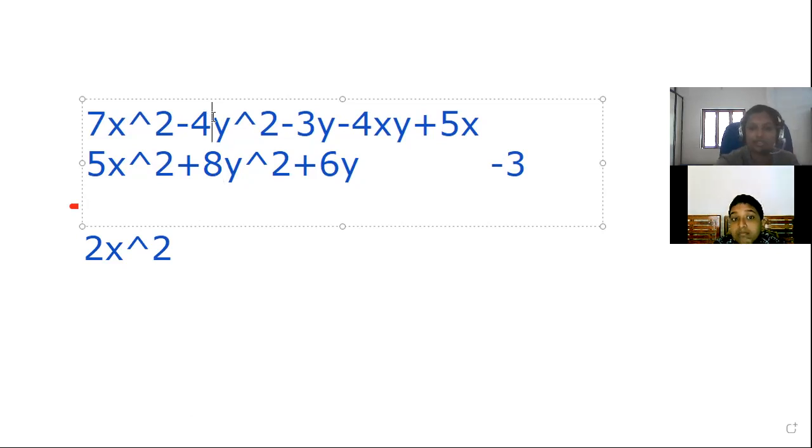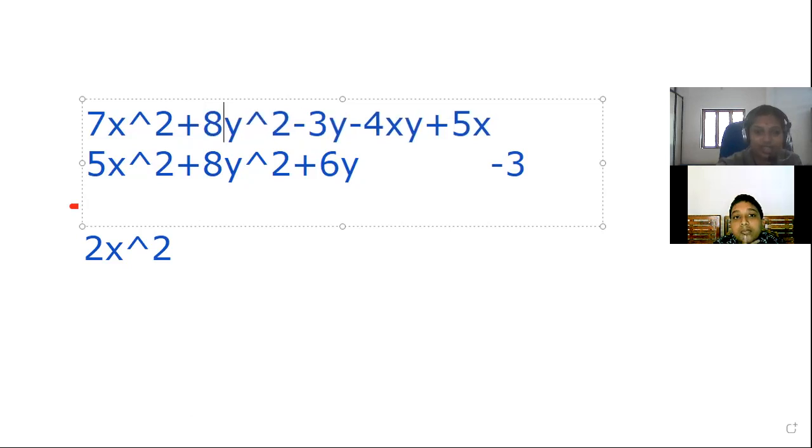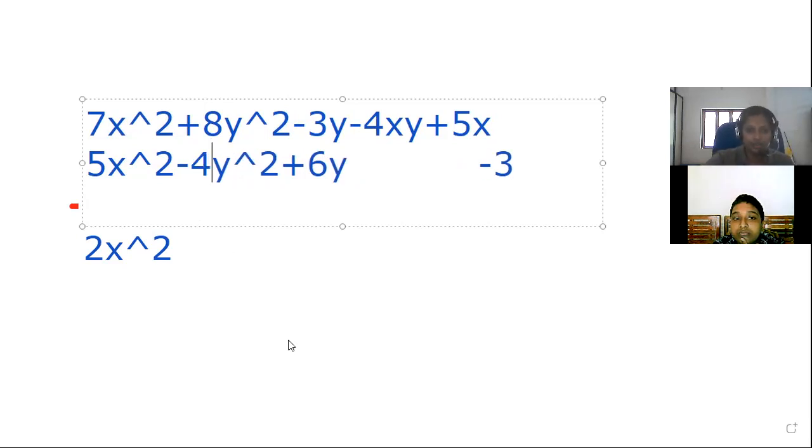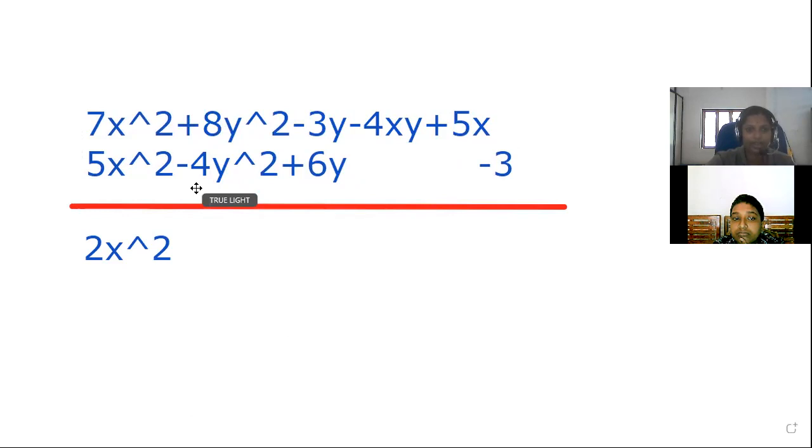Sorry, it is plus and it is 4. It was a mistake. Okay, minus 4y. Then what about plus 8y square minus 4y square? Minus minus becomes plus. How many y squares are there? 8 plus 4 is equal to 12.